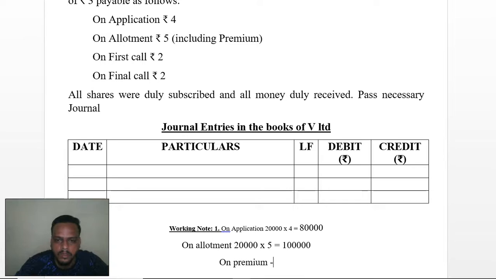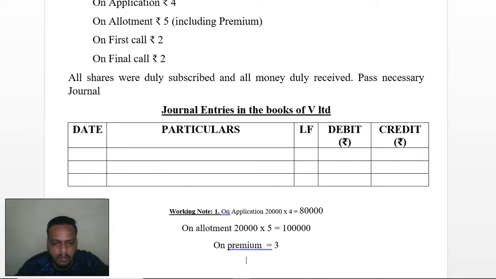On premium you have to collect 3 rupees, and the rest is your general face value of 2. So on premium of 3 you have 20,000 shares, so you will receive an amount of 60,000, whereas at the rate of 2 you will receive 40,000. The entry has to be specified very clearly over here.